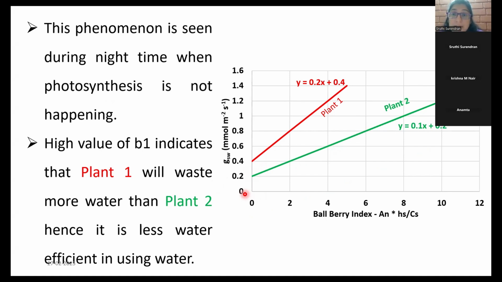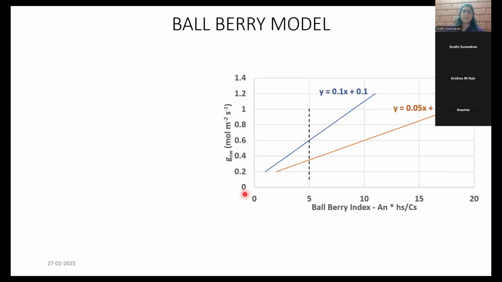So if this red line is giving us a particular plant, and the green line is giving another plant, we can say that plant one is losing more water than plant two. So this is again giving us information about the water use efficiency, how efficiently a particular plant is making use of water. And in this case, plant one is losing more water because of this leakage due to the minimal stomatal conductance that is still lasting even when photosynthesis is not existing.